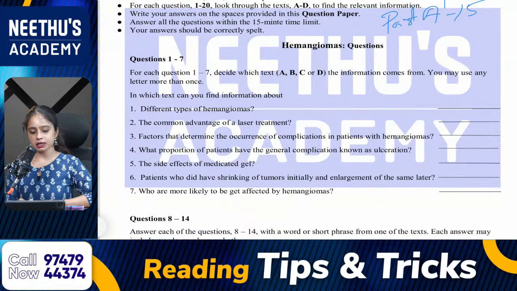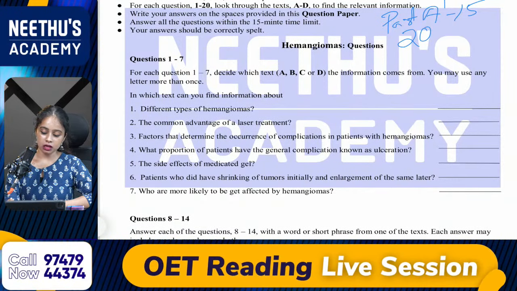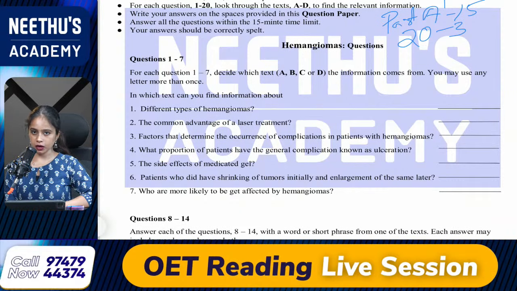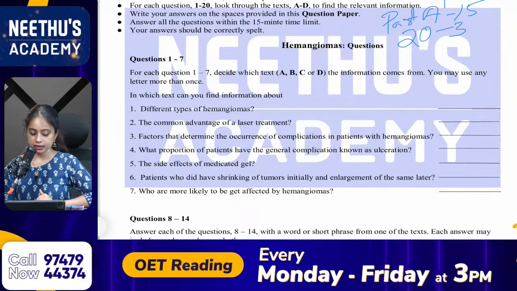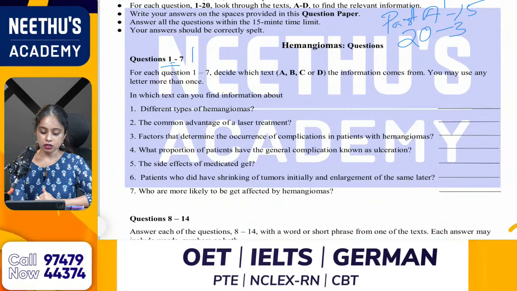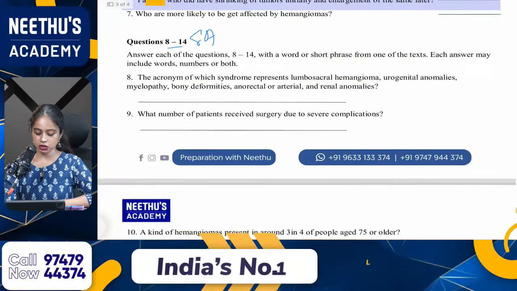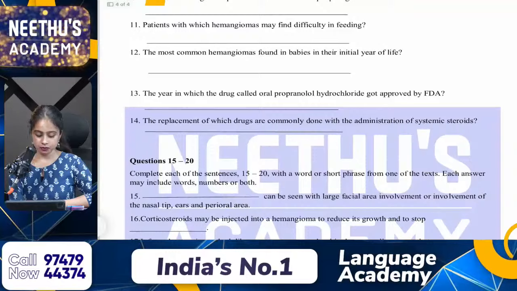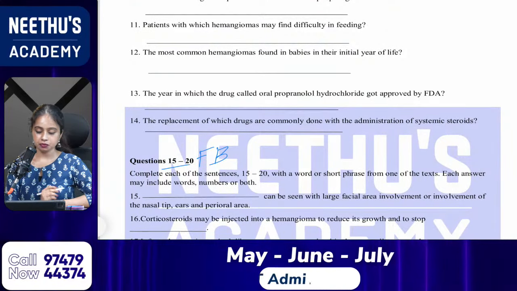The part A questions, total 20 questions, can be divided into 3 sets. Questions 1 to 7 are match the following questions, 8 to 14 are short answer questions, and the rest, 15 to 20, are fill in the blanks.